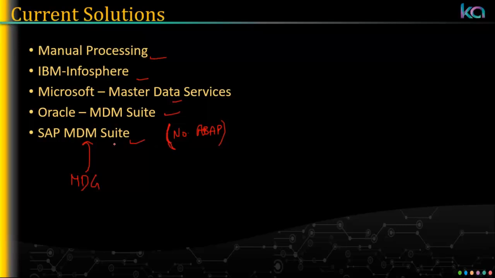It was initially a third-party application which SAP acquired, so it has its own challenges in terms of integrations and data maintenance. Identifying those loopholes, SAP came up with its own solution called MDG. All the existing functionalities of MDM have been brought into MDG, and MDG also has its own advantages.